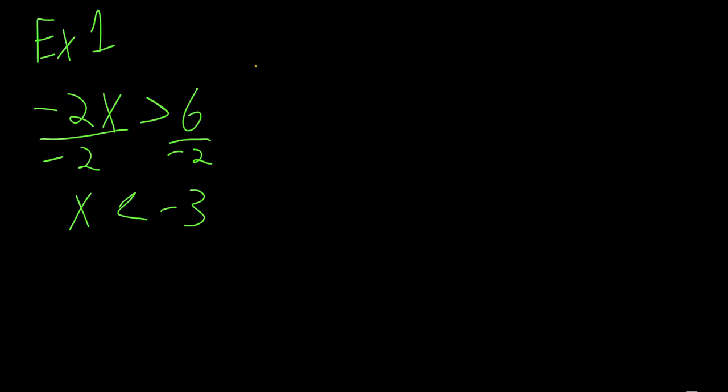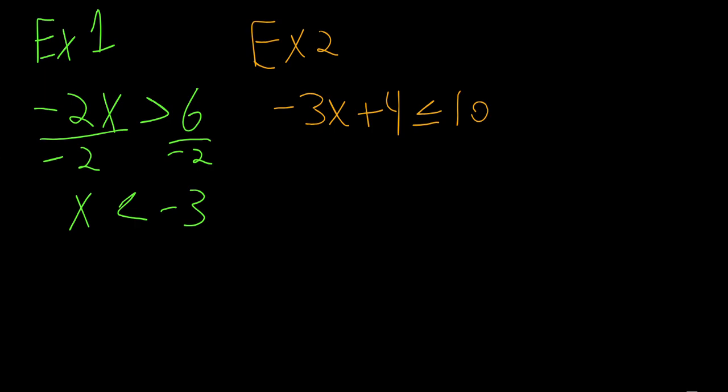All right, let's go to another example. Example 2. We have -3x plus 4 is less than or equal to 10. Okay, we go ahead and subtract 4 from both sides. It's important you don't take the flip step too early either. Don't let it get mixed up.